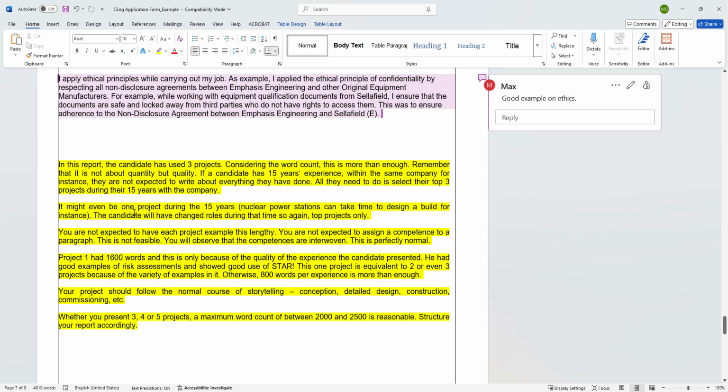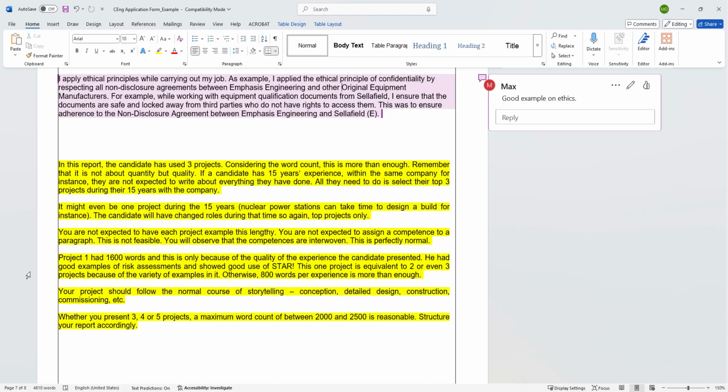For instance, you could have a candidate working on the design and construction of a new nuclear power station, which can take as long as 20 years or even more to design. So the candidate will have changed roles whilst working on that same project. You are not expected to have each project example this lengthy.